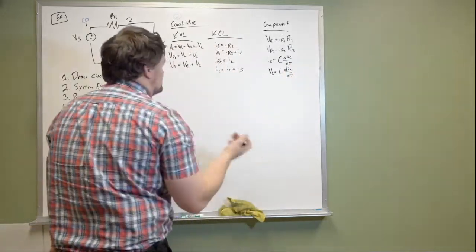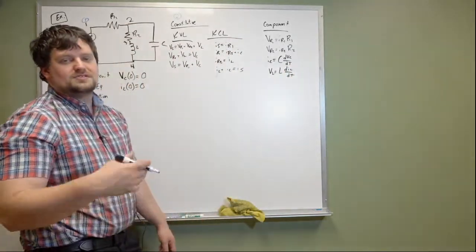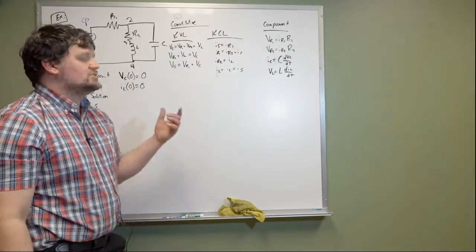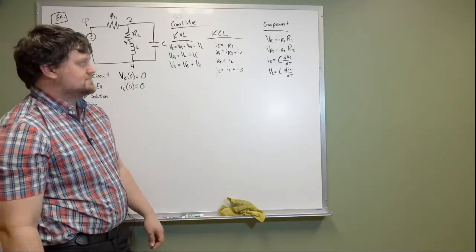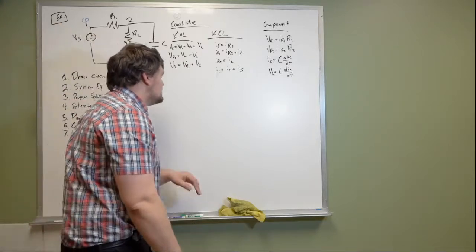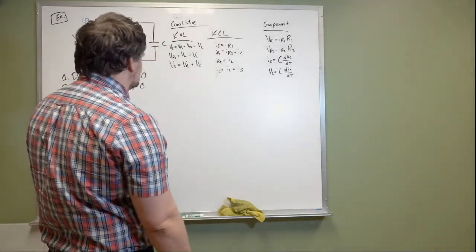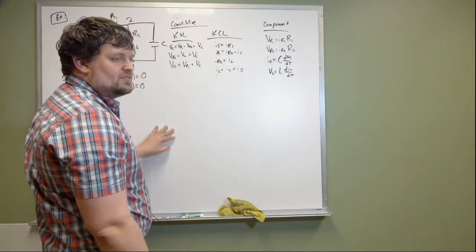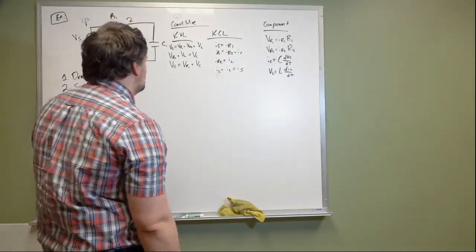Okay, so these are all of our equations for the system. All of these are enough equations in order to solve this system. So we're going to move forward now in trying to derive the overall system equation that we're going to be using for this problem to do all of our math.